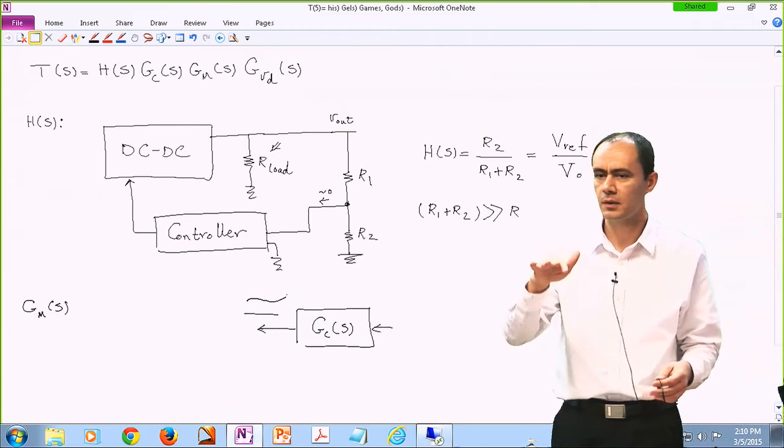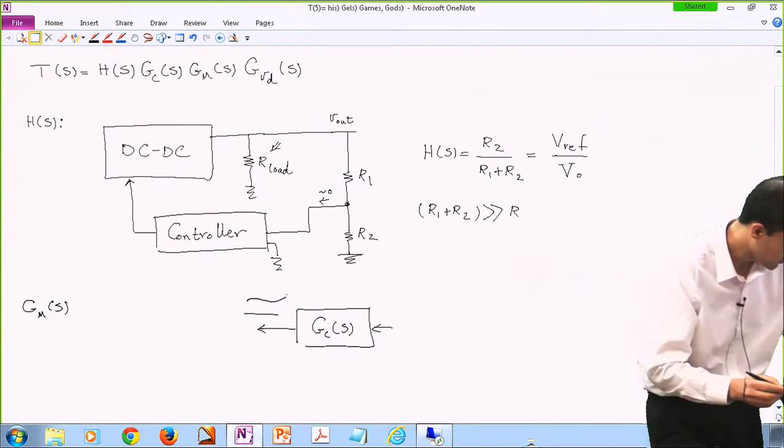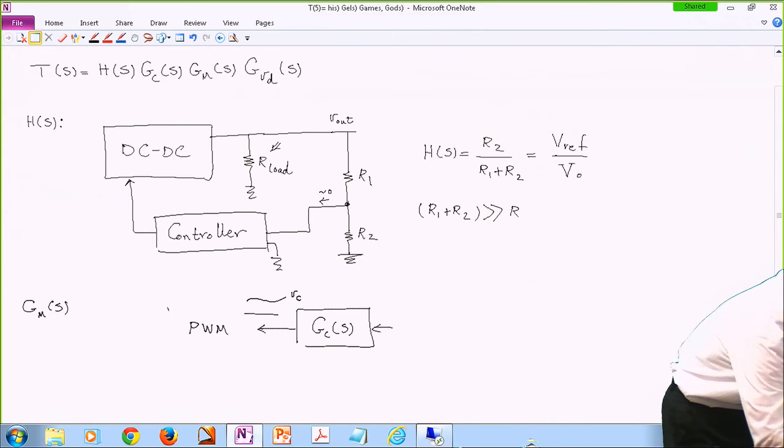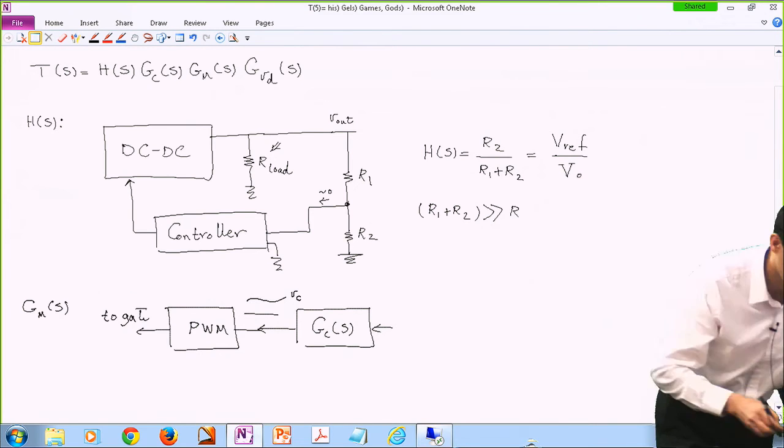It goes up and down very, very smoothly. We call it the control signal, or VC. Then we have a PWM block. And then it goes to the gate, or sometimes the gate driver.